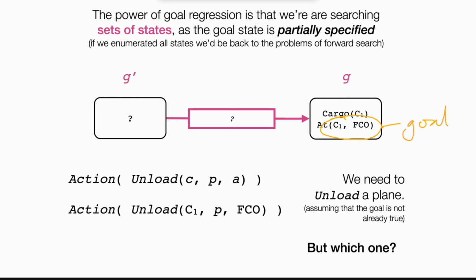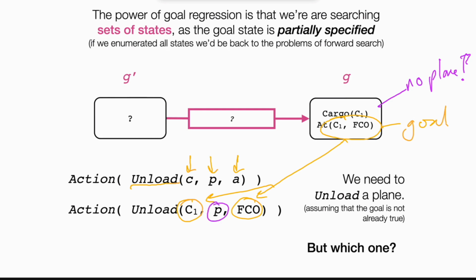Assuming that this wasn't already true, we then know we need to unload some cargo from some plane at some airport. Well, in the goal state, we know we want to unload C1 at this airport, because that's here. But there is no plane specified. So the question is, which plane do we use here?